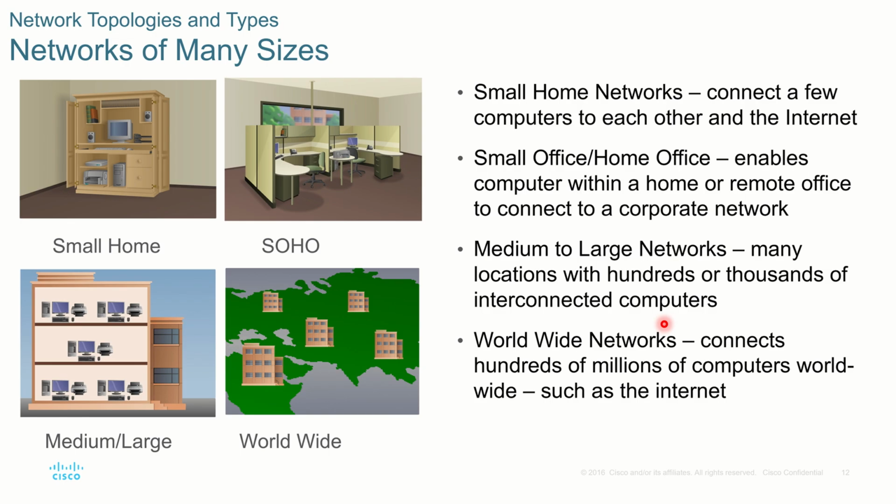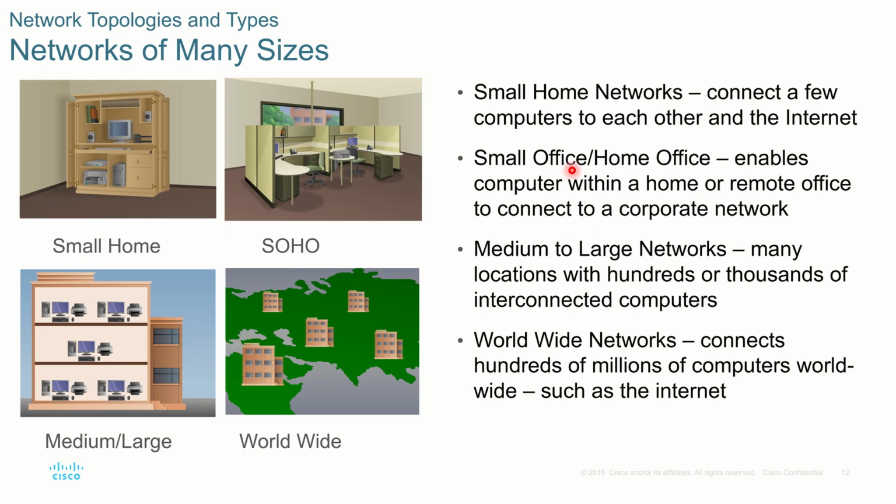So for the network, we have many sizes and it is classified into four different types of network according to its size. The first one is the small home network, for personal use, and then SOHO is the small office, home office, where maybe a small company has only 5 to 10 staff.